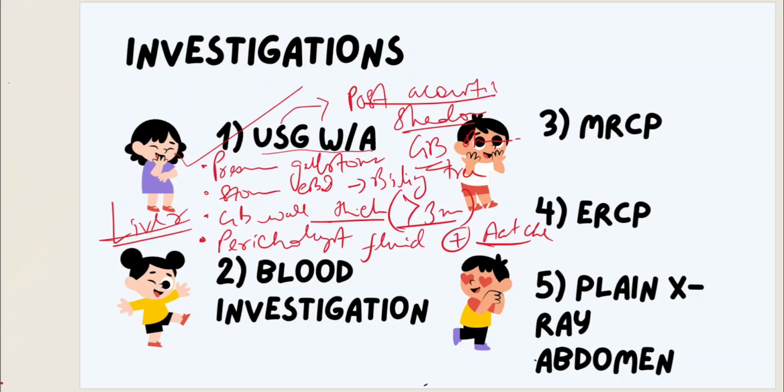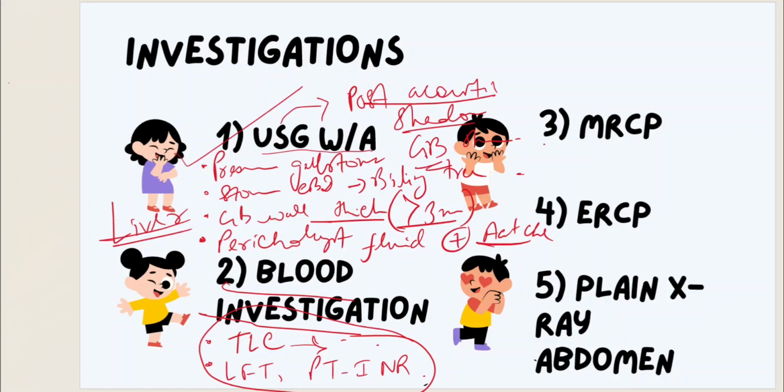So these are some of the important things that we see in case of ultrasound. Coming to blood investigation, in a patient of gallstone disease, the most common investigations are total leukocyte count, liver function test, PT-INR for operative intervention. All the basic blood investigations we also do.